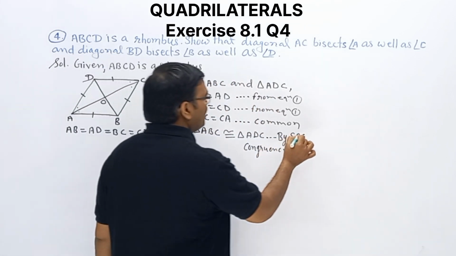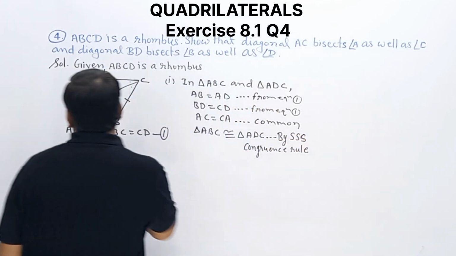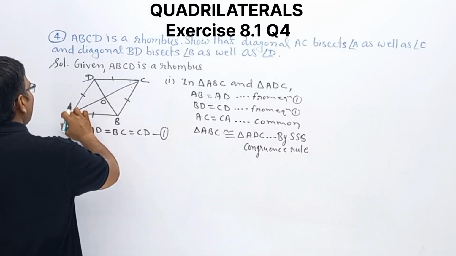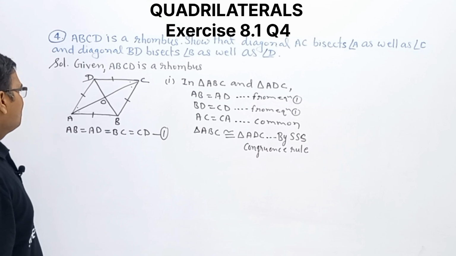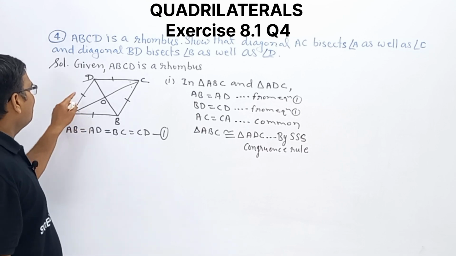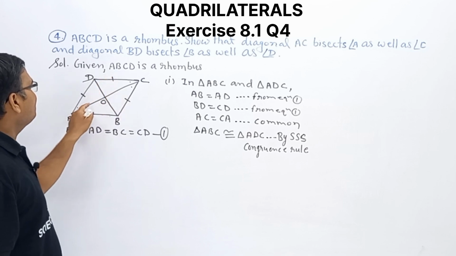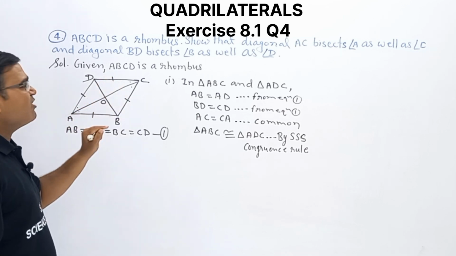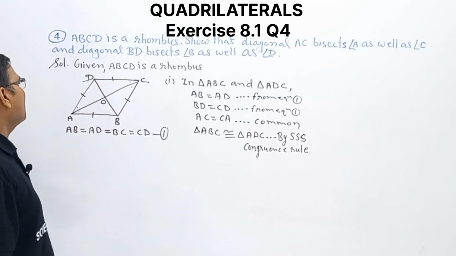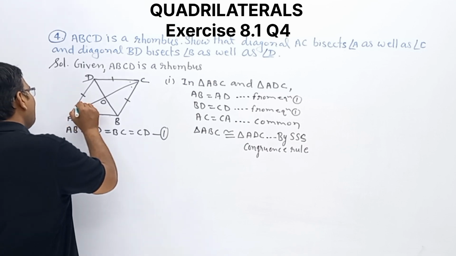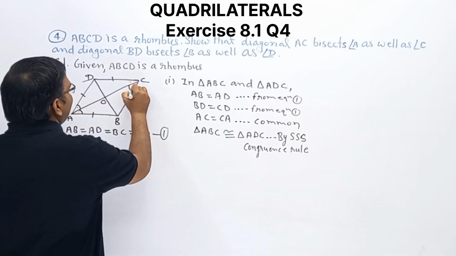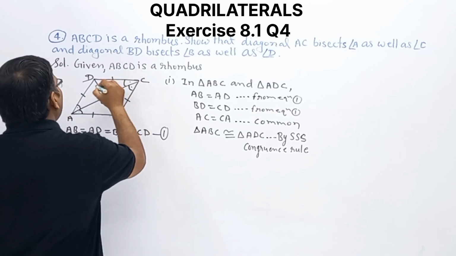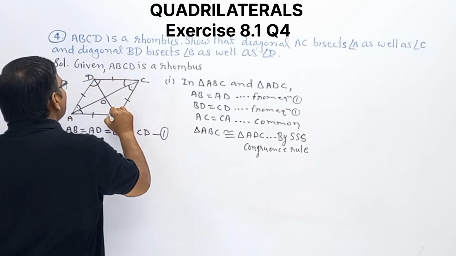We proved it. Clear? Once we proved this, this side equal to this one, this side equal to this one, and this is common in both, the corresponding angles of these two triangles will be equal. So this angle will be equal to this one, this angle equal to this one, and this angle equal to this one.